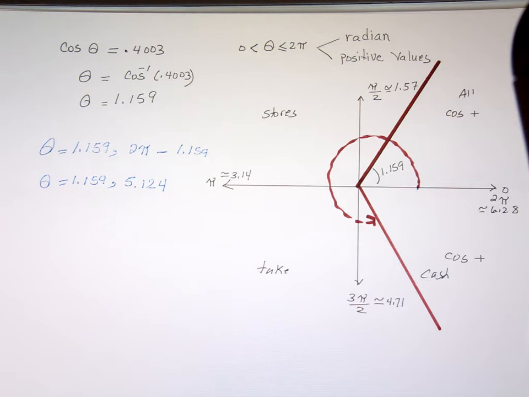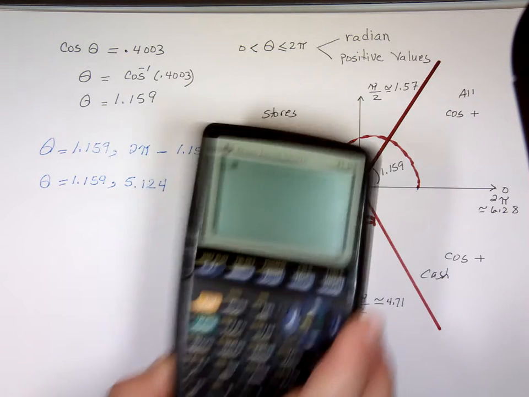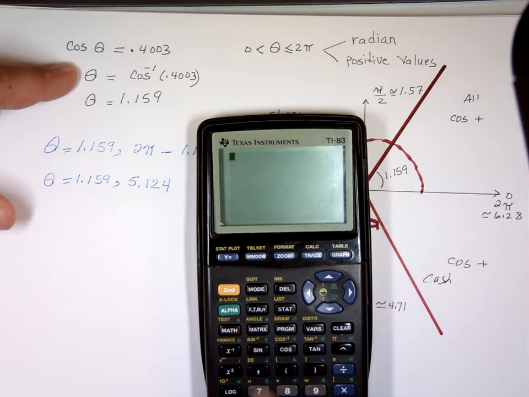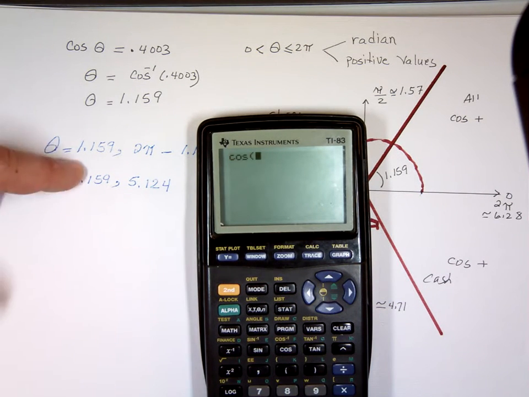Again, to test it, there's my calculator. Plug them in. Take the cosine, I'm in radian mode. 1.159. 0.4002. Little rounding error.